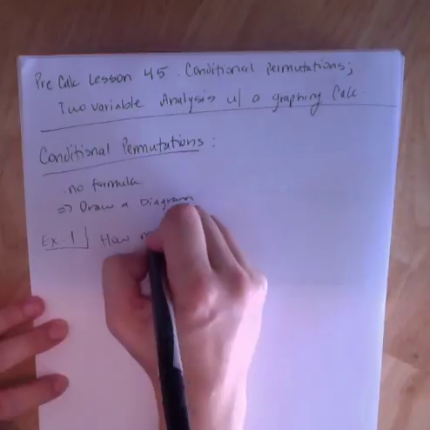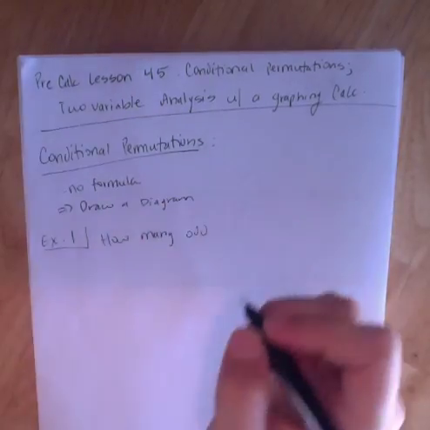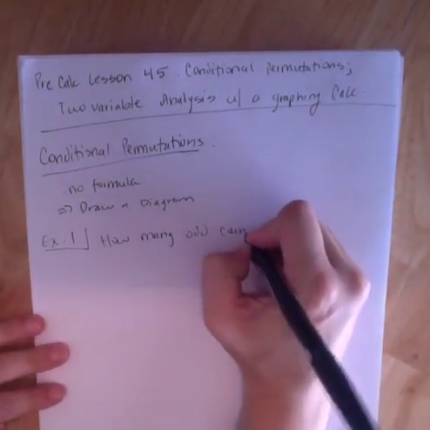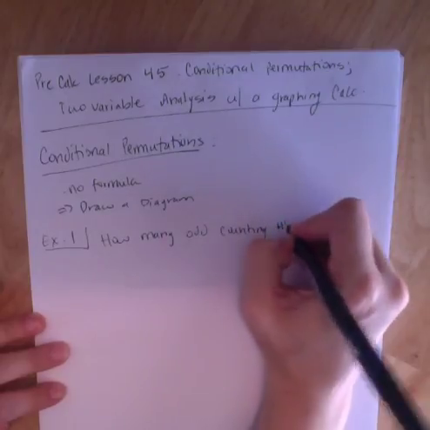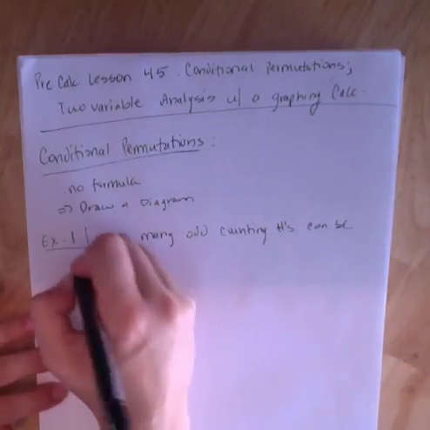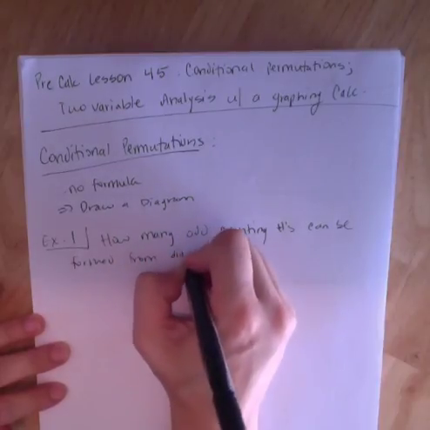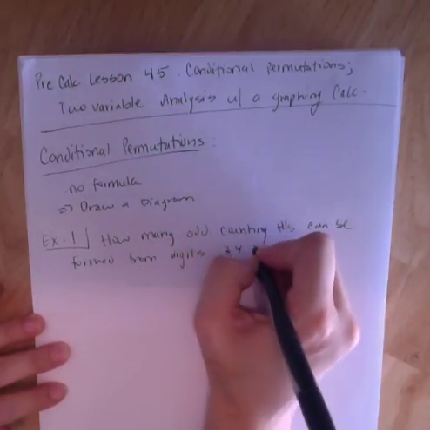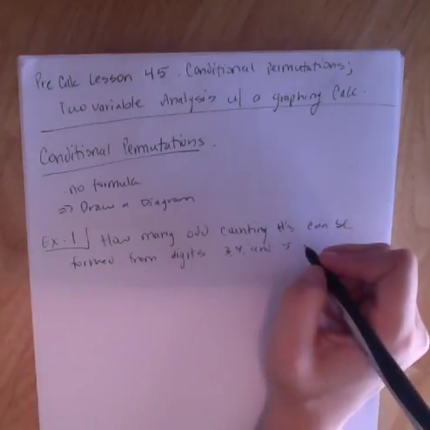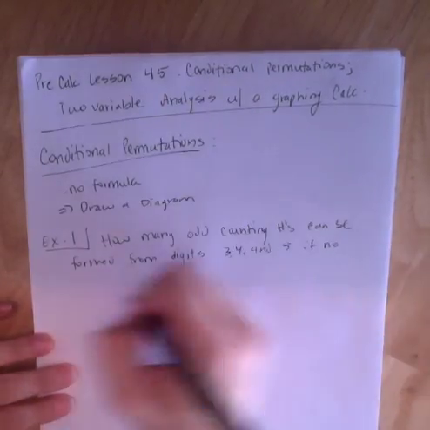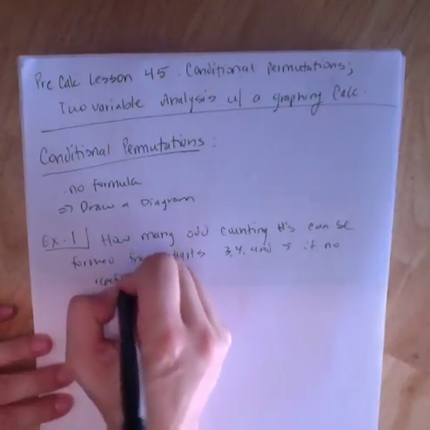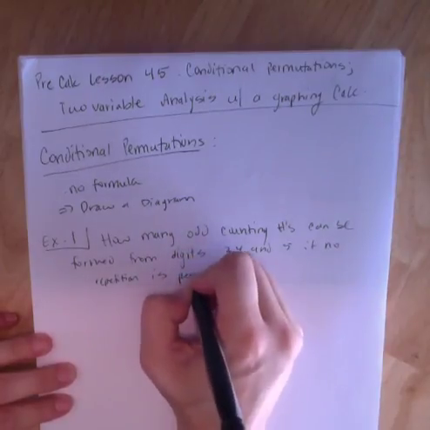Example 1, how many odd counting numbers can be formed from the digits 3, 4, and 5 if no repetition is permitted.